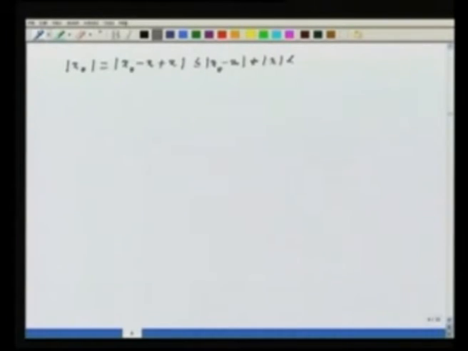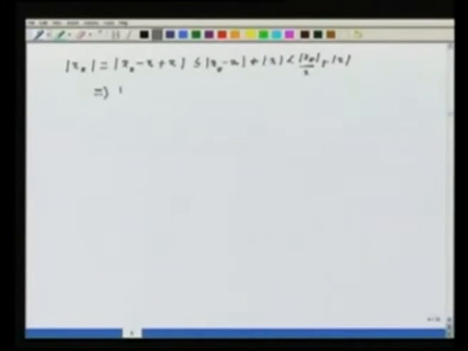So what I have is, here I have x naught by 2 plus mod x. Actually many of those mods are unnecessary because x and x naught are positive. Anyway, this implies then that mod x is bigger than x naught minus x naught by 2, which is equal to x naught by 2.